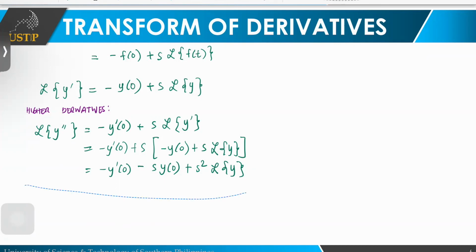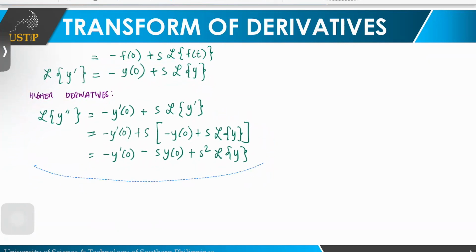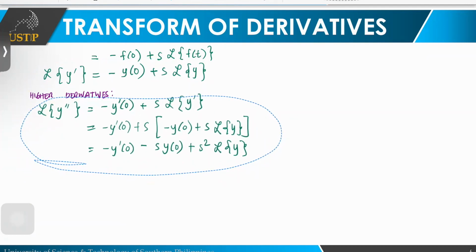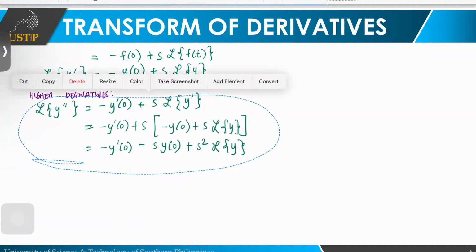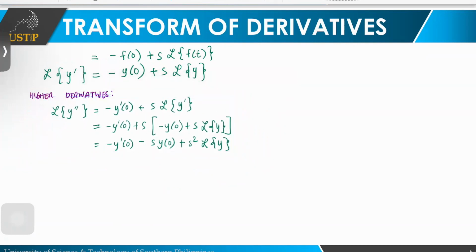Let me move this. Okay, magkuha pa tag Laplace transform of y triple prime class para mas makita ninyo ang pattern. Okay, what if you want to get the Laplace transform of y triple prime or the third derivative of y?